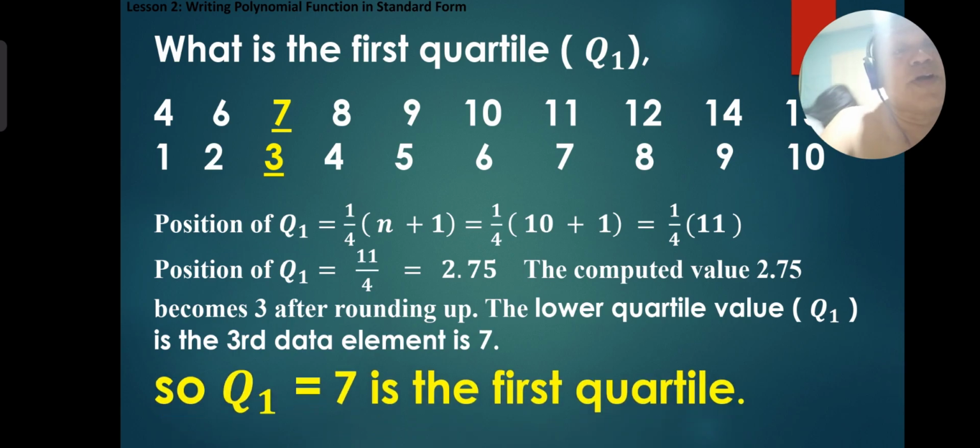So quartile 1, the lower quartile, is equal to 7, in the third position. That is our quartile 1, or the lower quartile, which is 7.